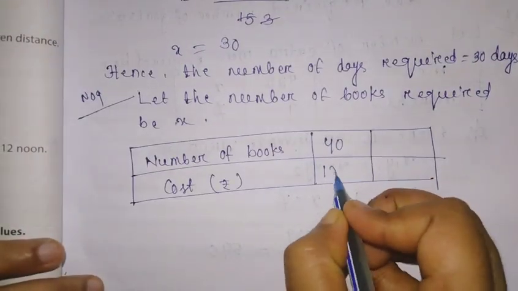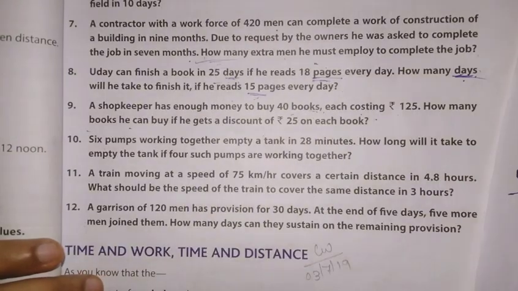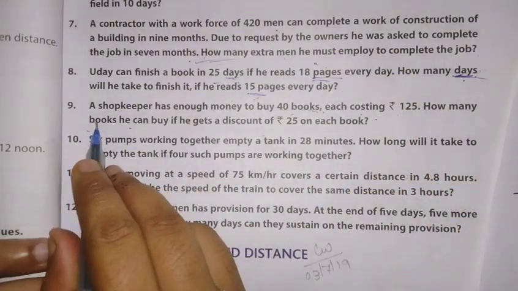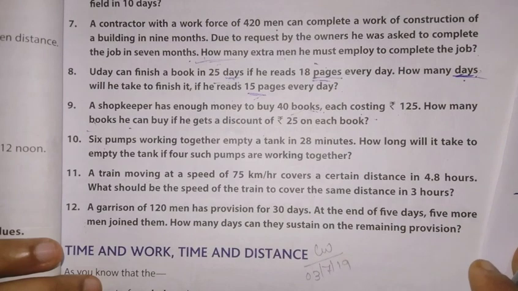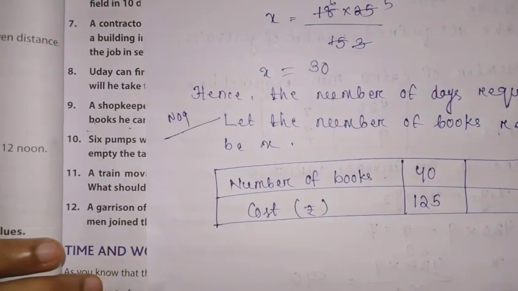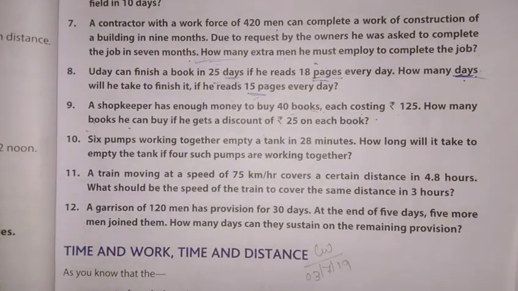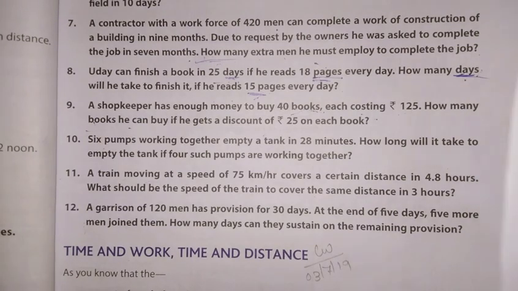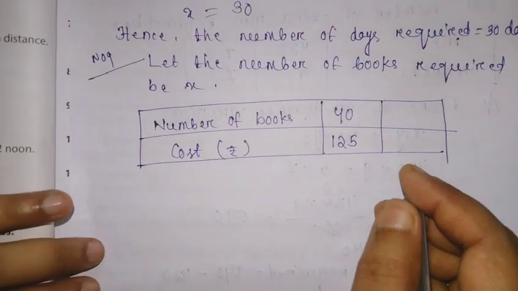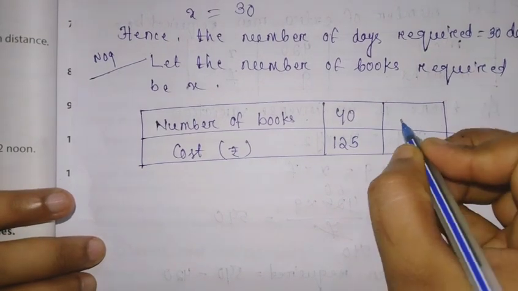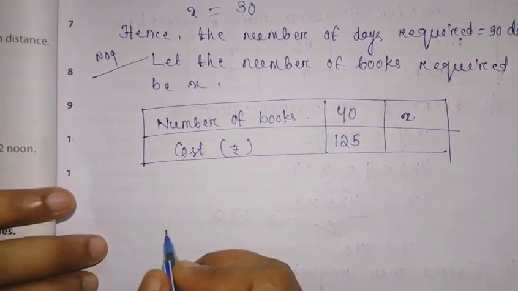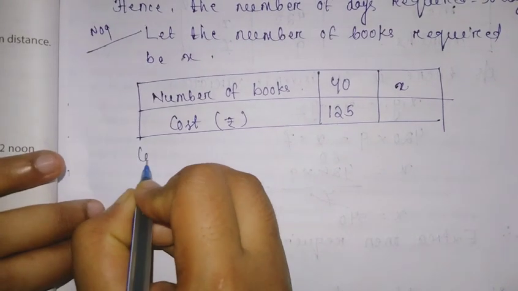So 40 books cost 125, then x books cost after discount.